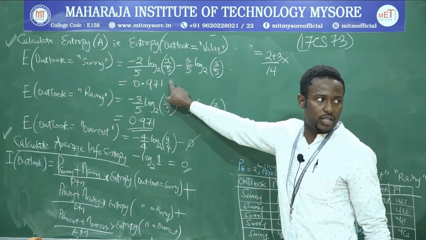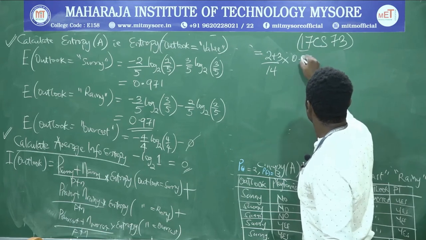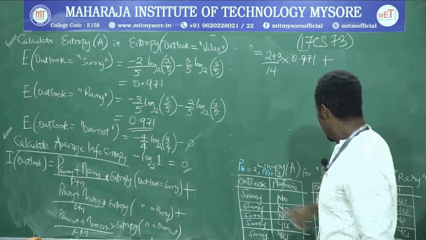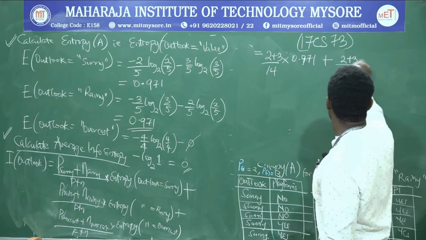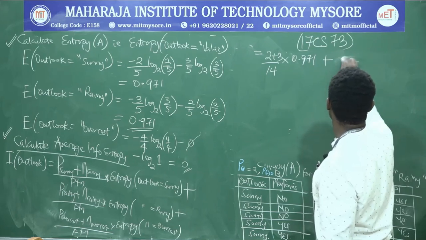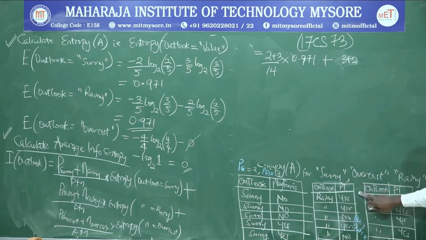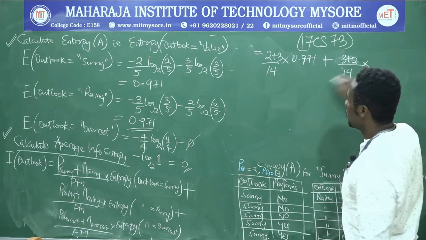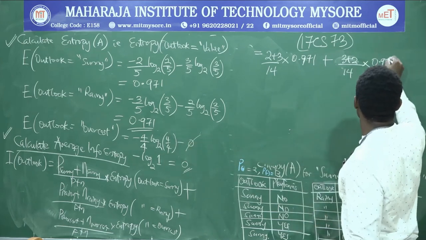Entropy of outlook equals Sunny, 0.971, right? Plus, now Rainy, which is 3 plus 2. Please remember, positive samples here were 3, negative 2. So 3 plus 2 upon 14 into, again, go back, Rainy, 0.971.